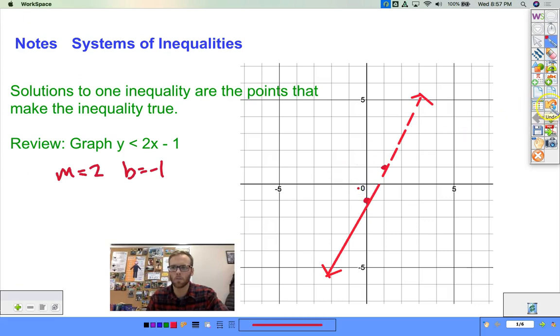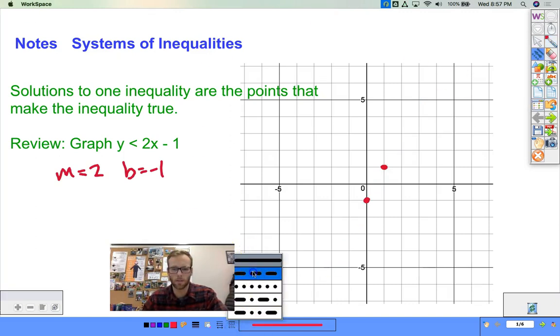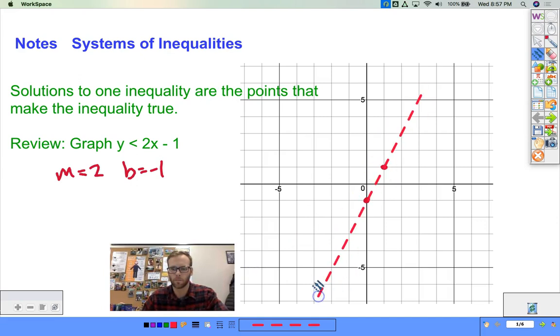Let's just use the dashed line tool instead of that eraser. There it is. That's because any point that is on that line, remember, is not a solution. So we want to make sure it doesn't look like it's included.